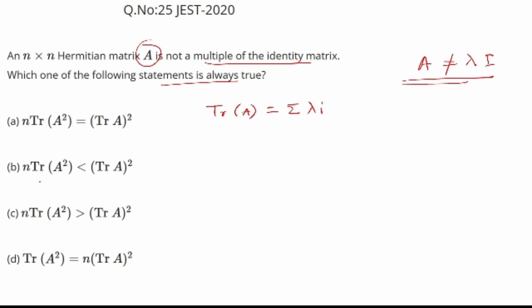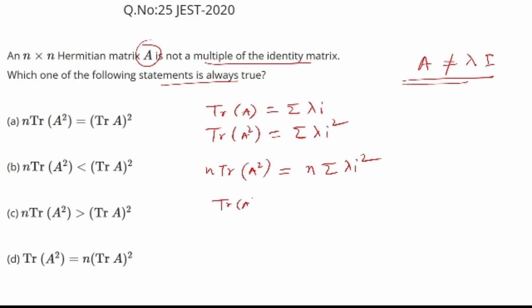Now if we take A squared, the trace of A squared is nothing but the summation of lambda squared. Now if we multiply that by n, n into trace of A squared gives n into summation lambda squared. And if we take the square of the trace, trace of A whole squared gives the summation of lambda, whole squared.